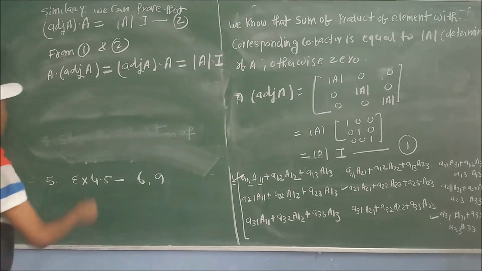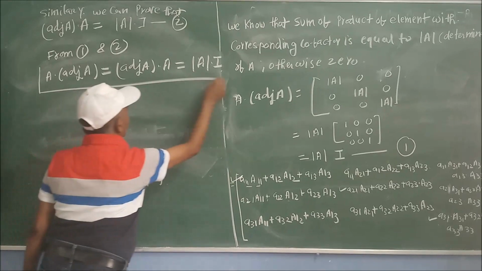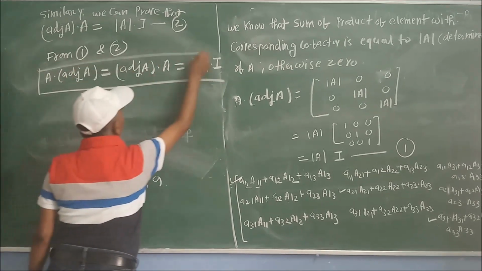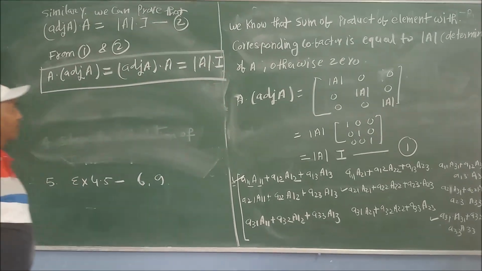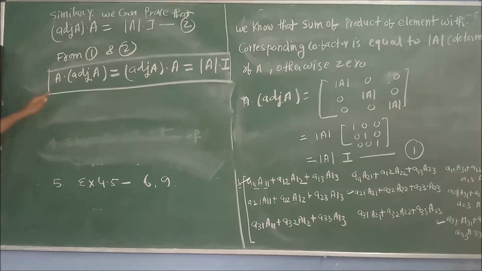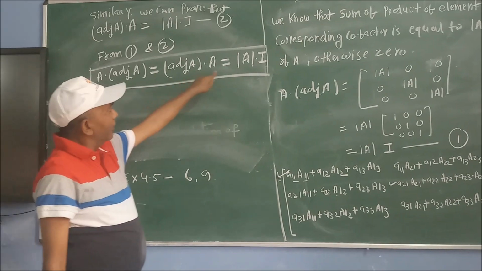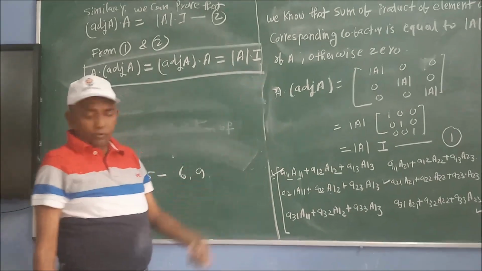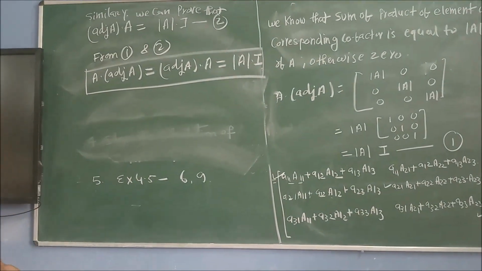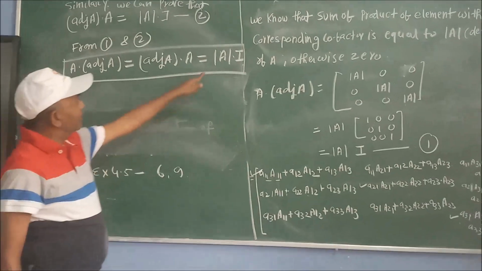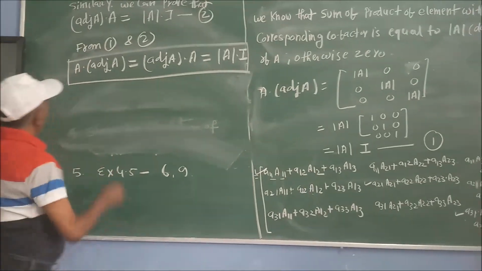This is the important result for us, and using this result it will be helpful for you to find the inverse of a matrix. So we are seeing here that A into adjoint A is equal to adjoint A into A is equal to determinant of A into I. Suppose we take this determinant to this side, so what happens?